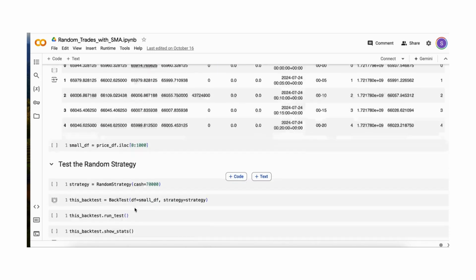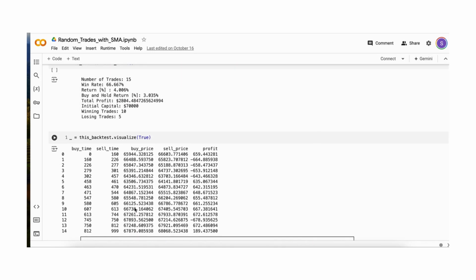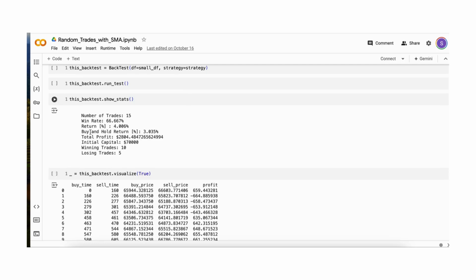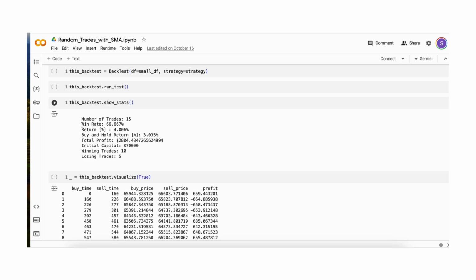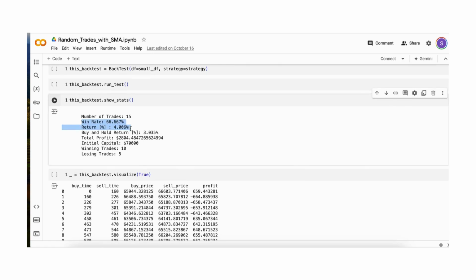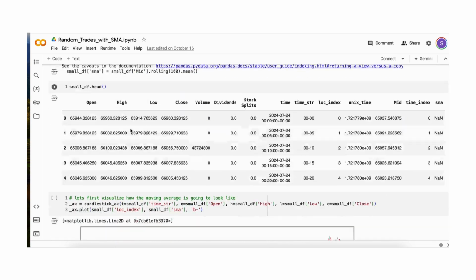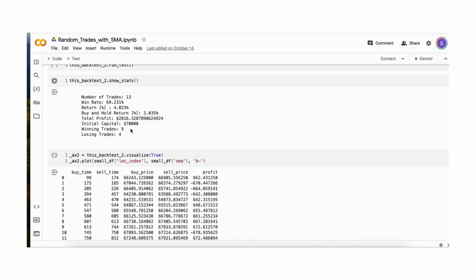When we looked at this small data frame, our returns were almost similar. Win rate 66.66%, returns is like 4%. And with the SMA strategy, the returns is slightly more and the win rate is slightly more, but it's not significantly high.